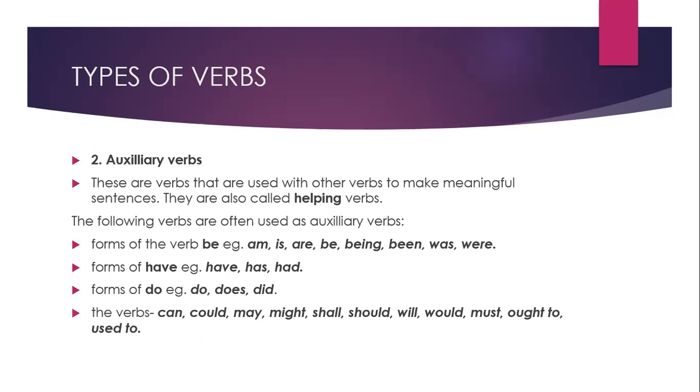So am, is, are, be can be auxiliary verbs. And then you can also have the form have in all its conjugated forms. So have, has, had. The verb do, so do, does, did. And then the verbs can, could, may, might, shall, should, will, would, must, ought to, used to. All these are auxiliary verbs.